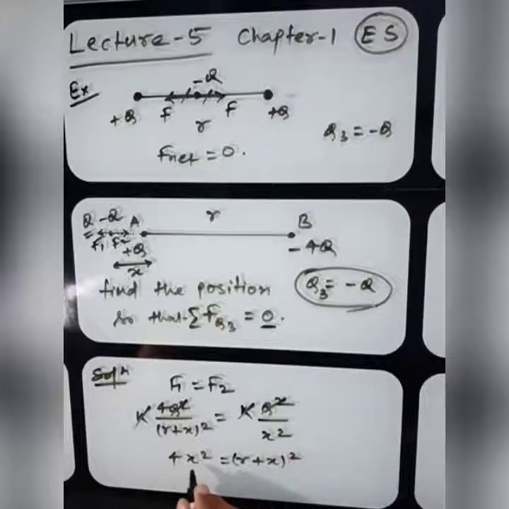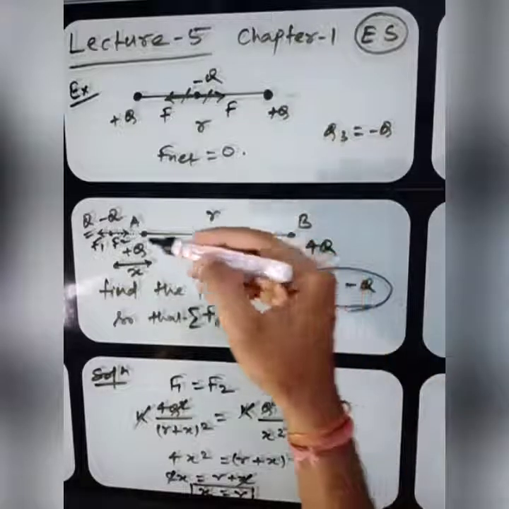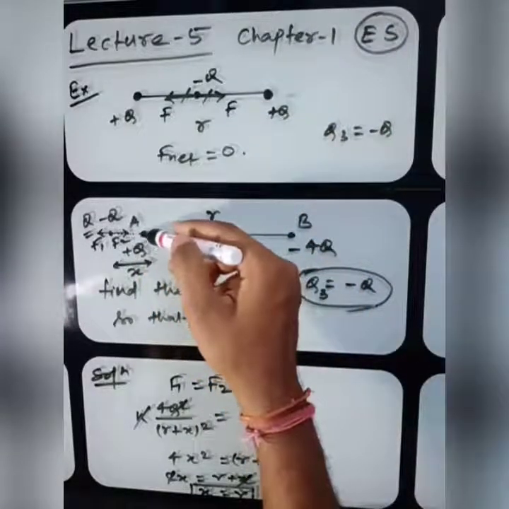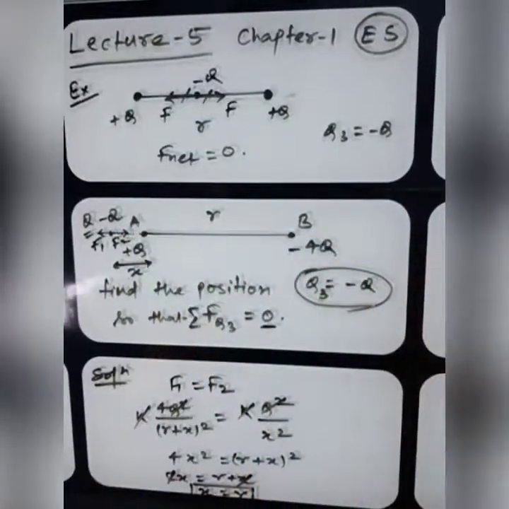The square will be over here, so 2x equals r plus x. Okay, now x is equal to r, so you will place this charge at distance x from this plus q and it will experience net force as 0.